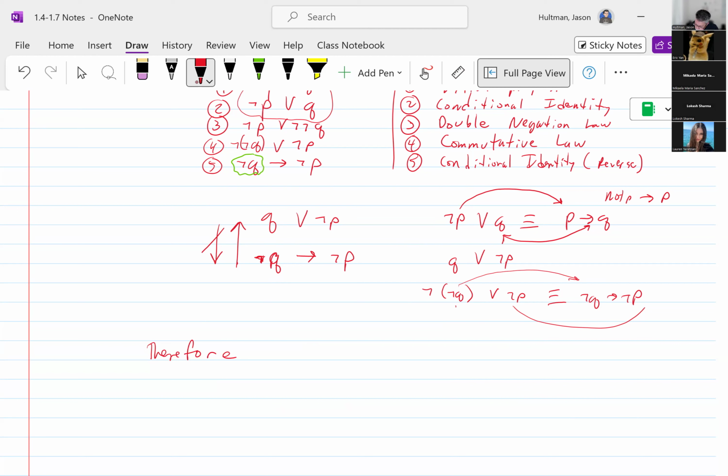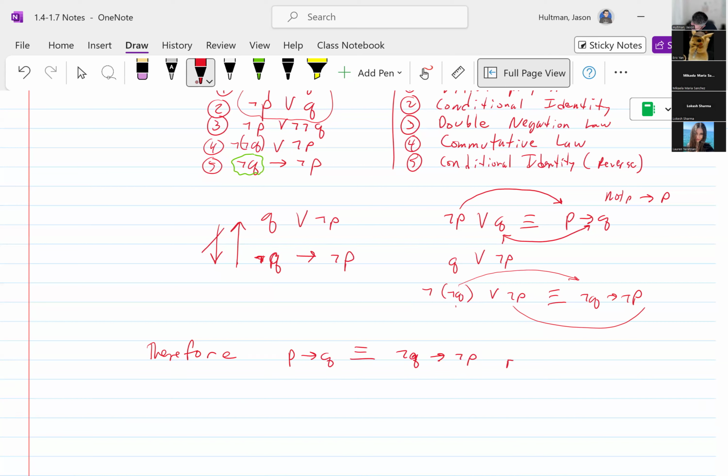Therefore, it has been shown and it has been proven that P goes to Q is logically equivalent to not Q goes to not P.